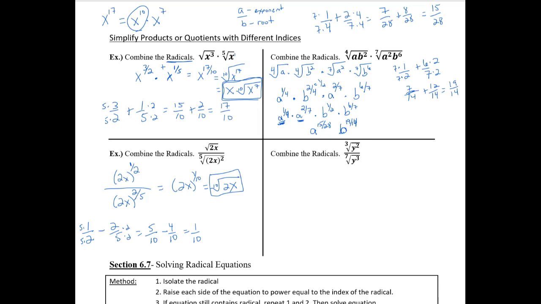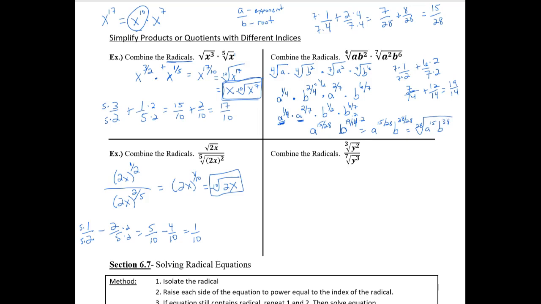So I'm just going to go ahead and multiply by 2, both the numerator and the denominator, and get b to the 38/28. So now they have the same radical, and I can rewrite it as the 28th root of a to the 15th b to the 38th.